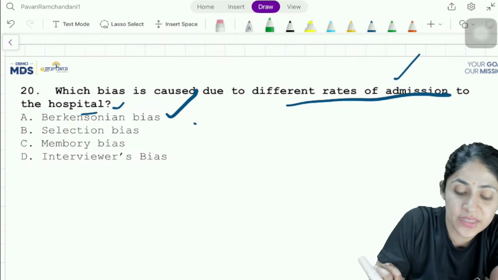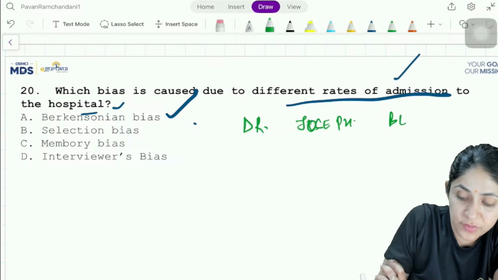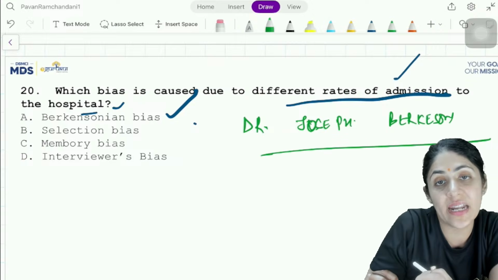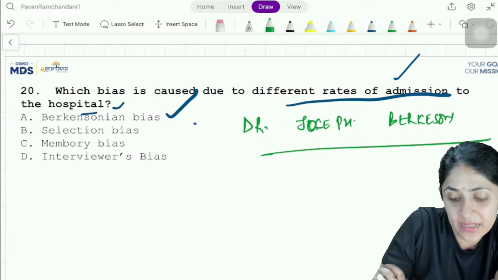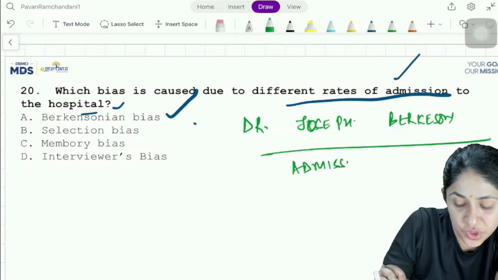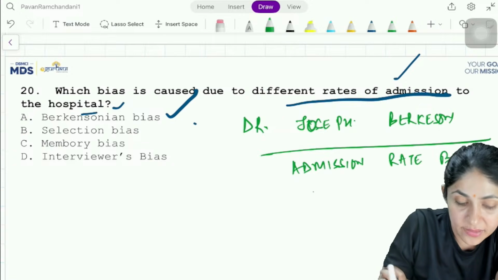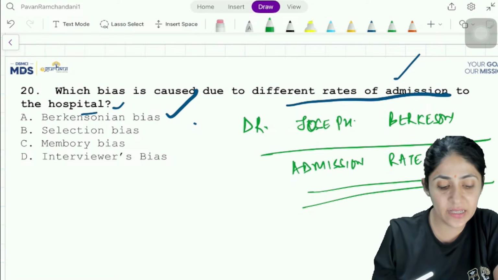This type of bias was given by Dr. Joseph Berkson. It is due to some people being admitted to the hospital, and is also called admission rate bias. That is Berksonian bias.